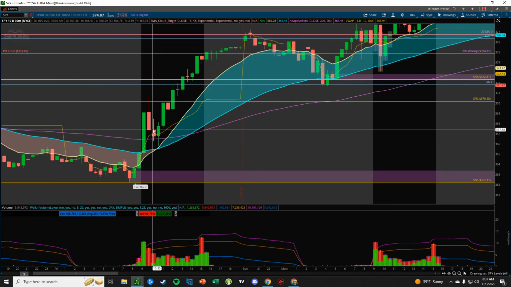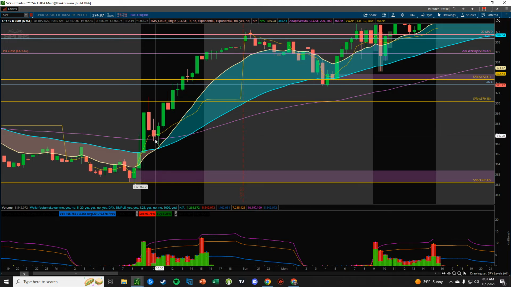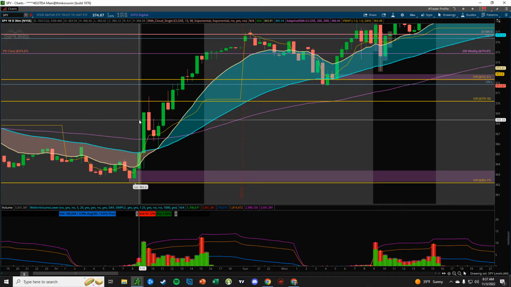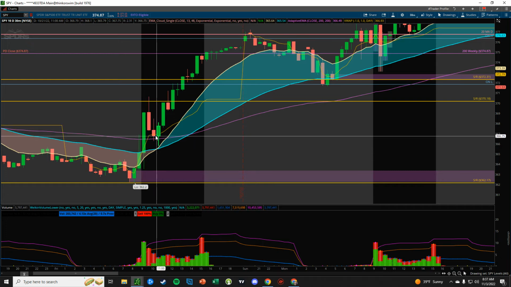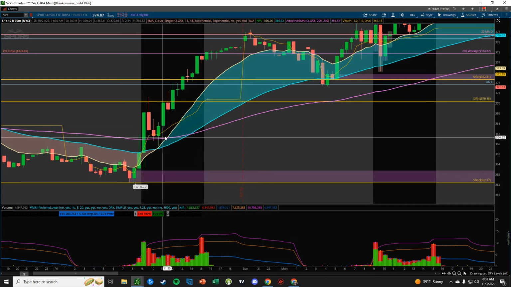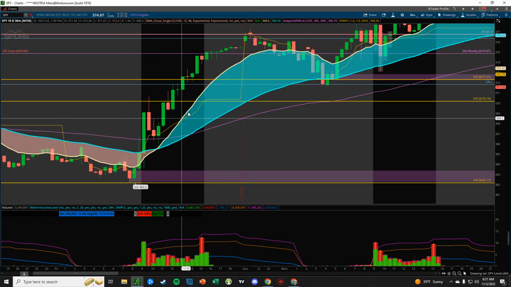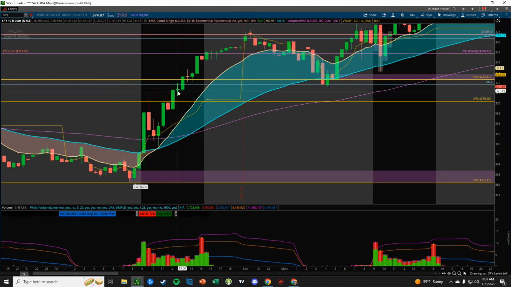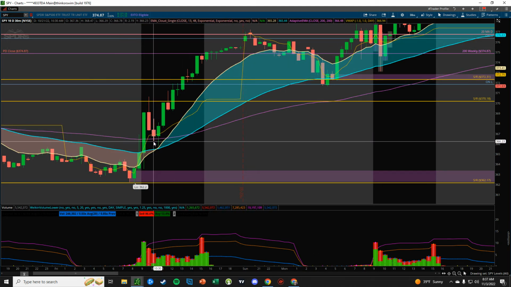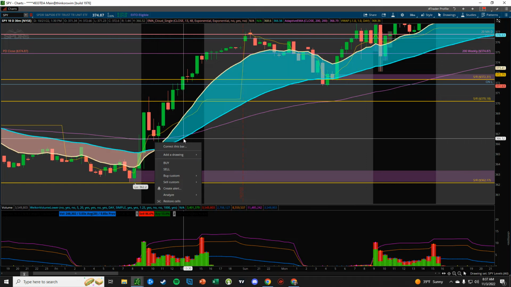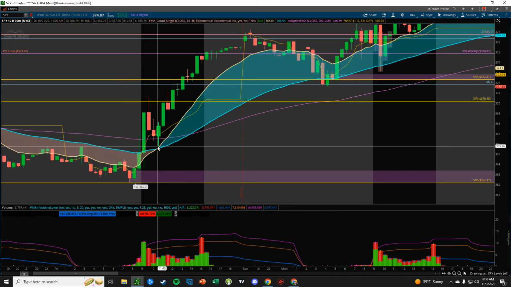Actually, I kind of like this one. I mean, it's a little bit of a pullback. We had some more orders enter in right there. Yeah, you know what? We're going to mark this one off too. I think we're going to use this because I like the wick on this candle.